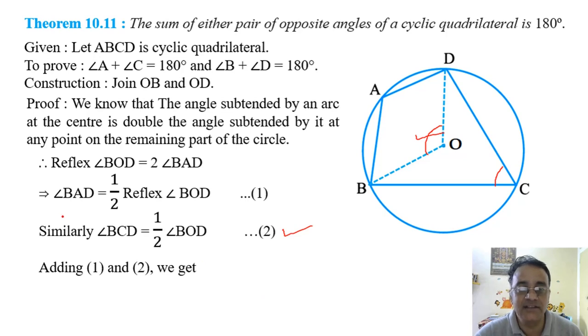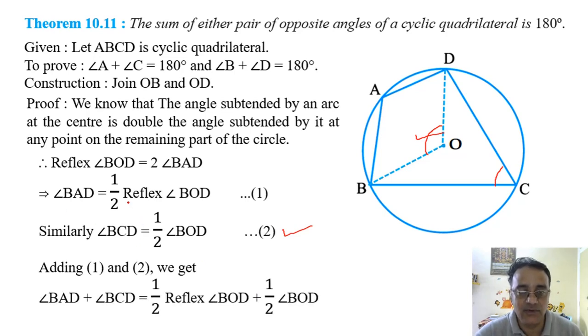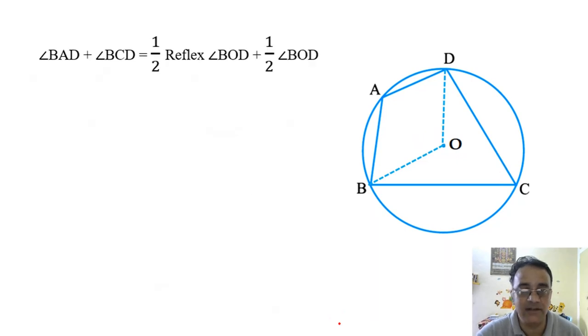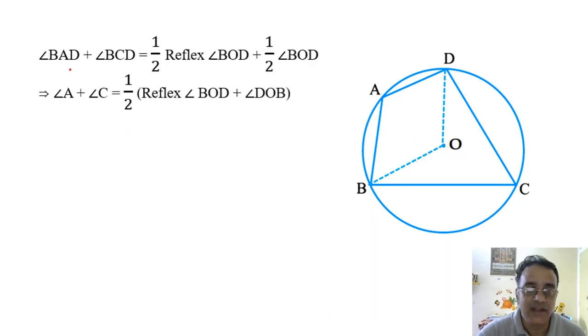So if we add these equations, we'll get angle BAD plus angle BCD is equal to half of reflex angle BOD plus half of angle BOD. Now we will take half common from both. अगर दोनों से half common निकालेंगे तो क्या मिलेगा देखो. This step we will get, and we will replace angle BAD by angle A and angle BCD by angle C. इसको replace कर दिए. This step is clear to all of you?